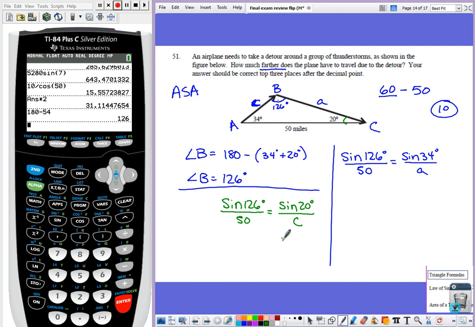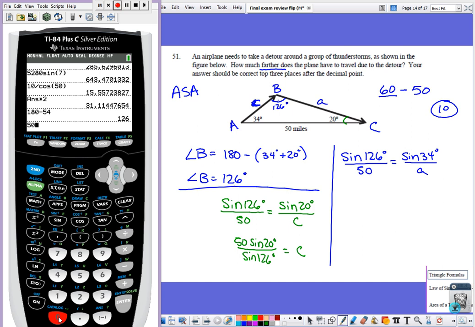All right, so you're going to cross multiply and divide. So 50 times sine of 20 degrees equals C times sine 126. Then we're going to divide by the sine of 126, which equals C. And this is approximate, right? So we're going to find that: 50 sine 20, and parenthesis, be really careful, divide by sine of 126.